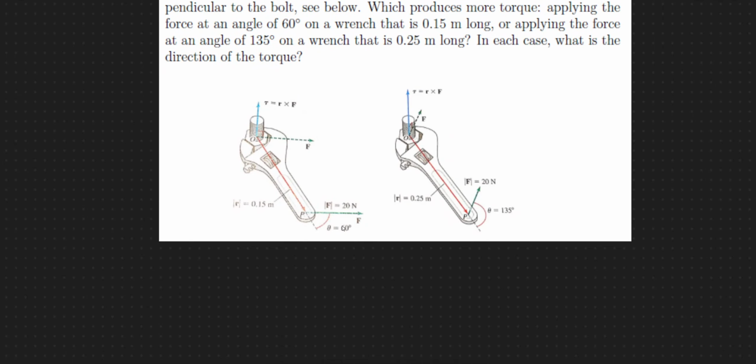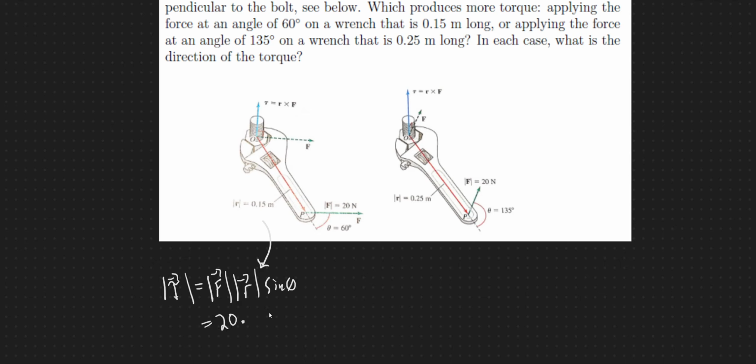If I were given vectors for F and for r, I would be using the determinant of a matrix to calculate the cross product. So in this first case, the magnitude of the torque vector will be the magnitude of the force vector times the magnitude of the lever arm times the sine of the angle between them. Let's collect our information. Magnitude of F is 20.